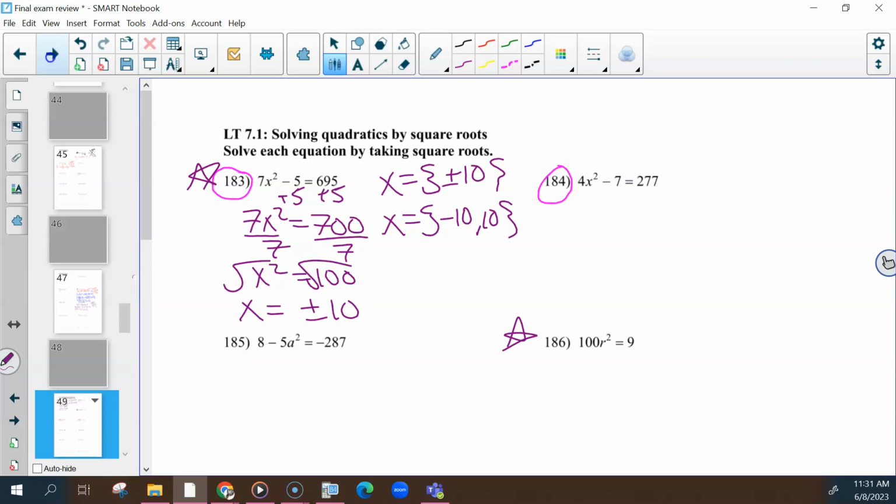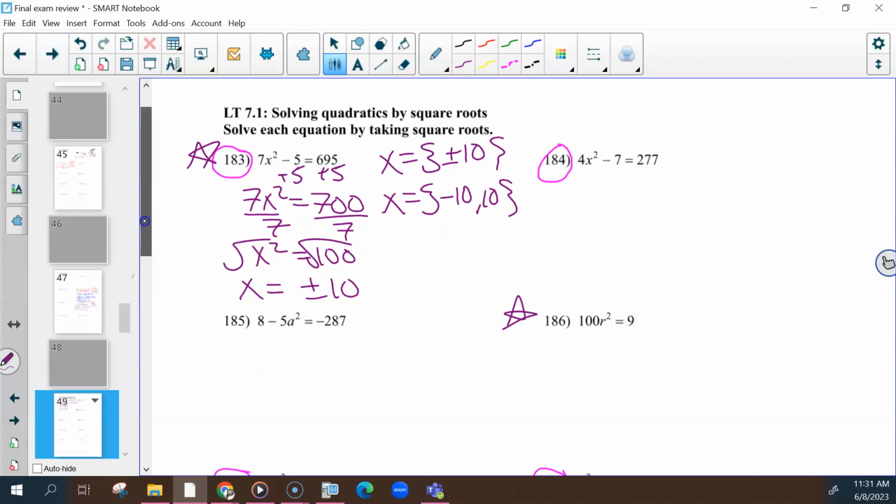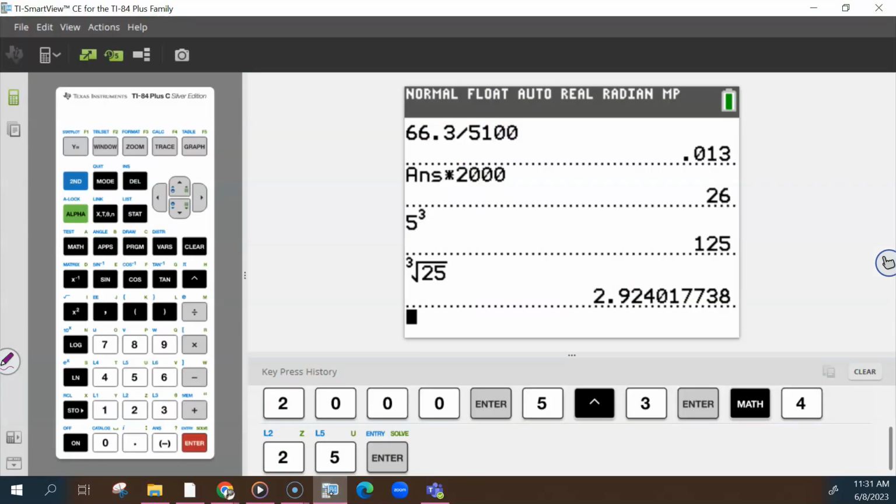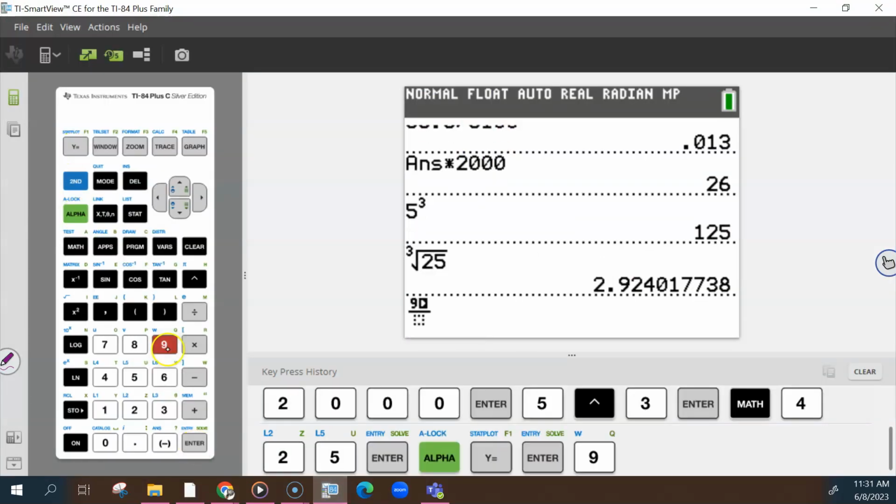Questions on that one before we do the next one? For 186, we would divide both sides by 100 and see if that fraction could be simplified. It can't, but I'm going to show you.